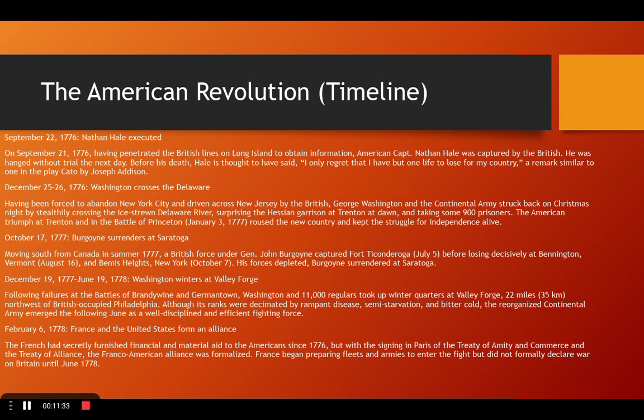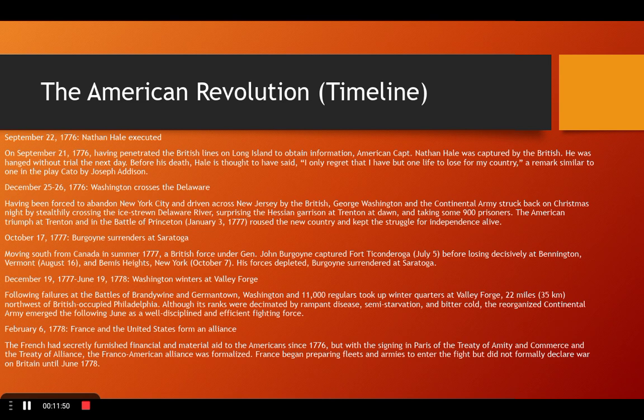Although its ranks were decimated by rampant disease, semi-starvation, and bitter cold, the reorganized Continental Army emerged the following June as a well-disciplined and efficient fighting force.